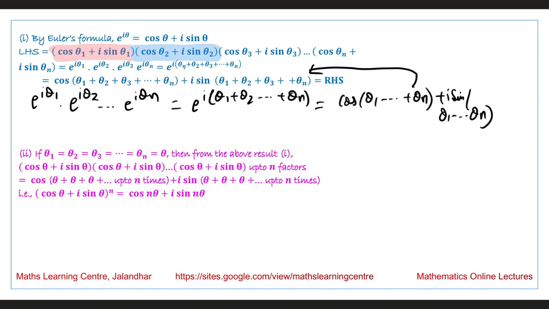And we have already seen that if we substitute theta 1 is equal to theta 2 is equal to theta n, then these values will become the same. So these are basically the multiplication of the n factors.